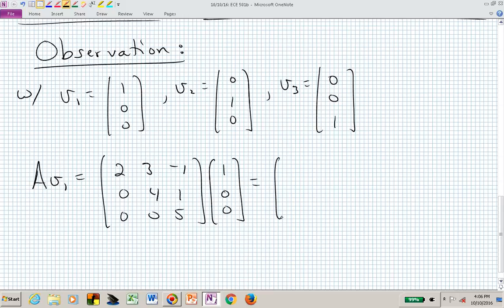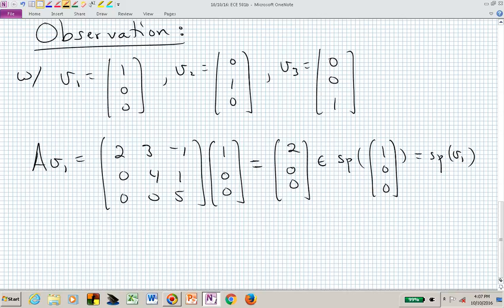This AV1 product is now going to yield the vector 2, 0, 0, and I hope it's clear that that lies in the span of our first basis vector V1. Only one vector is needed to represent the result of A operating on V1.